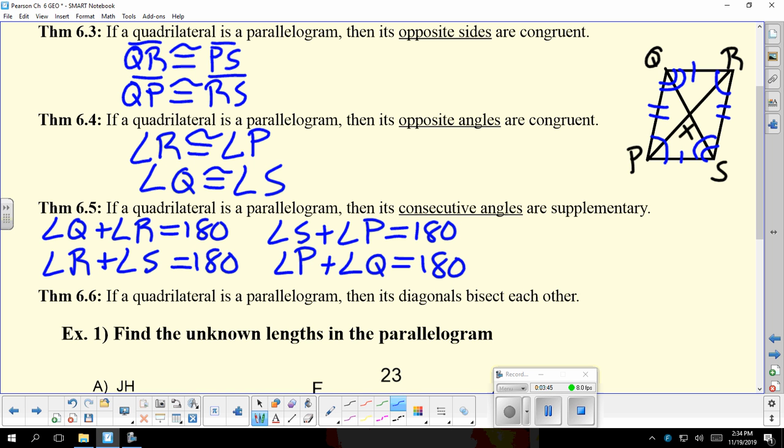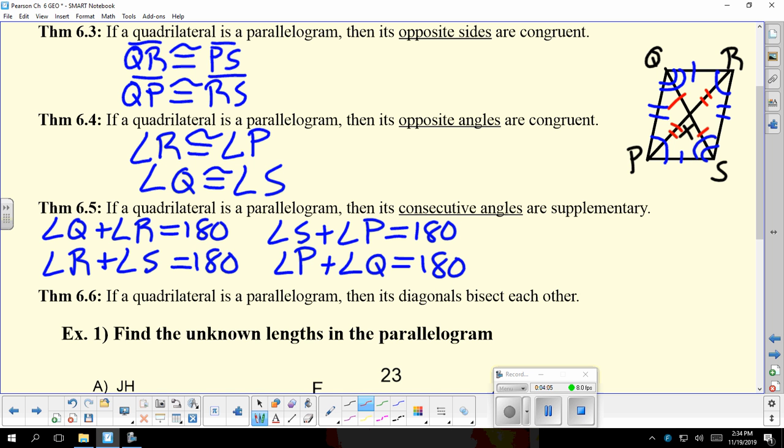And then the last one: if a quadrilateral is a parallelogram, then the diagonals bisect each other. So in here, those two would be congruent, and those two would be congruent on the inside. Those are just in regards to the red ones or the blue ones.